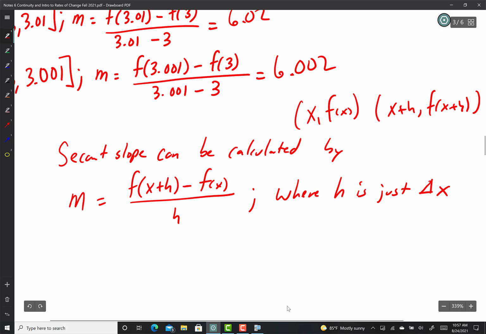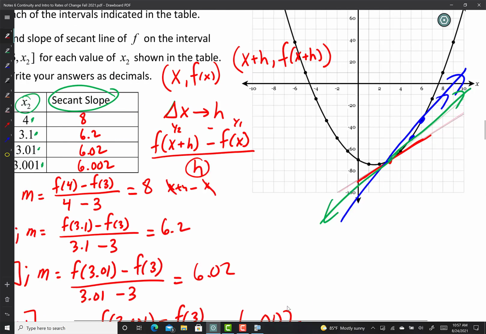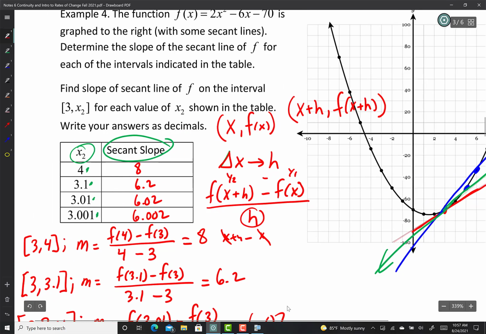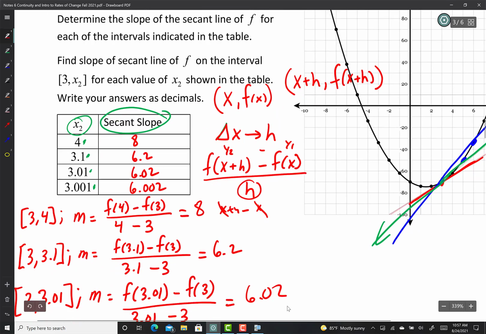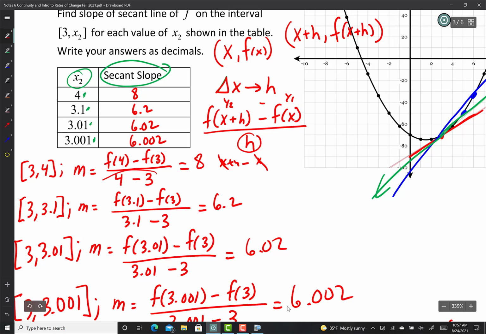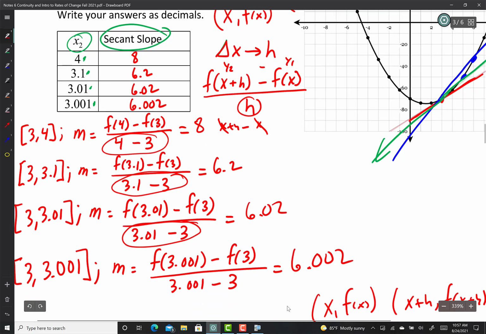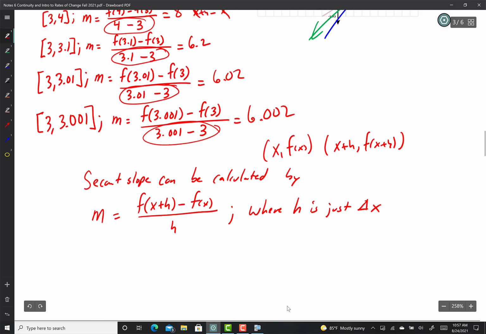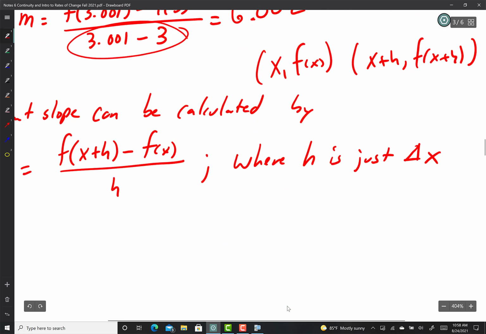You guys are so close to getting it. I want my tangent slope. I want you guys to observe what's happening to the denominator as I find my tangent slope. How do I find my tangent slope using this formula? Oh, as h approaches.